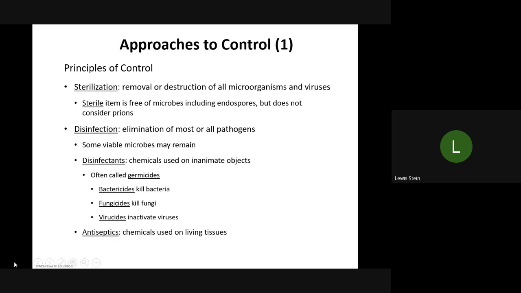You can subdivide that into bactericides, fungicides, and virucides. The side being killing, and whatever the prefix is tells you what it's addressing. The one that's significant for us in this discussion are sporicides, because they can attack endospores. So things that are sporicidal have the potential, if used properly, to sterilize.